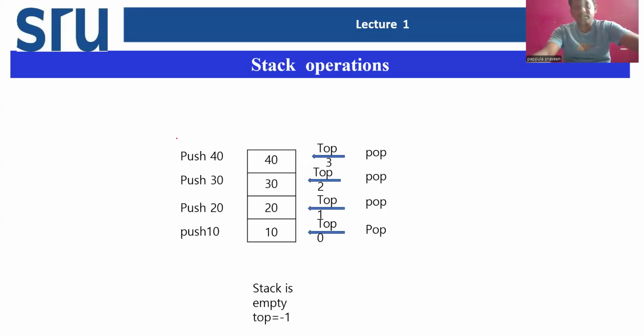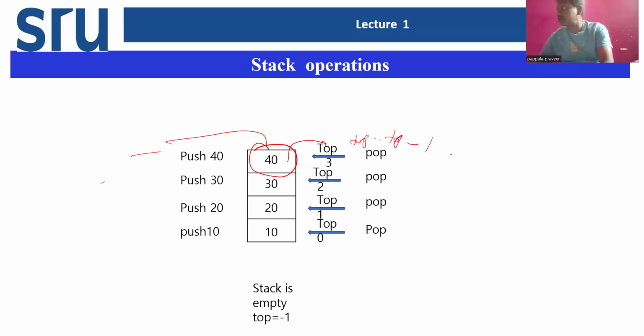So we have 4 elements and we are removing them. Pop: top minus minus. Now top is at the third position, 3 minus minus is 2. So if you want to remove elements, top equal to top minus 1, and the top position will be decremented by 1 each time.